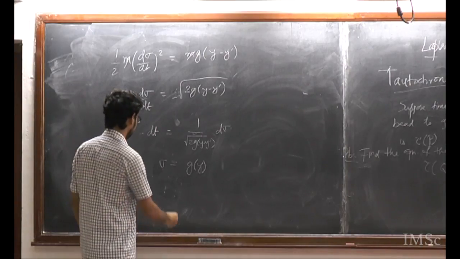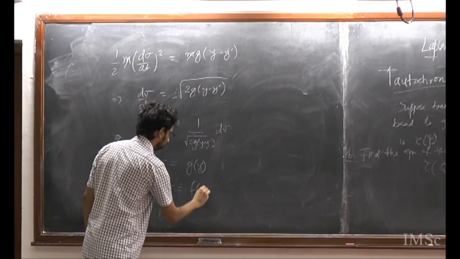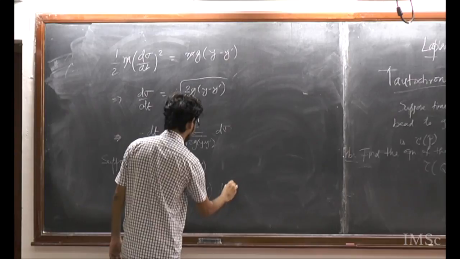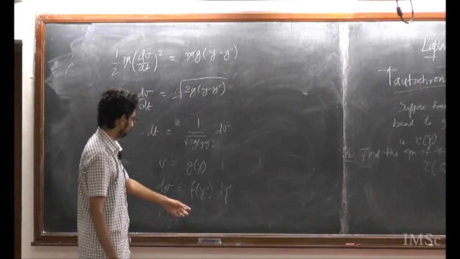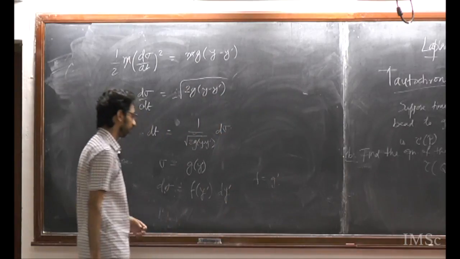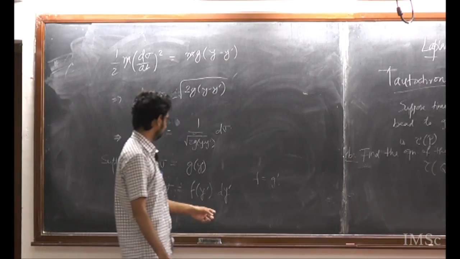Then d sigma is some function f of y prime, dy prime. So f is just g prime, right?